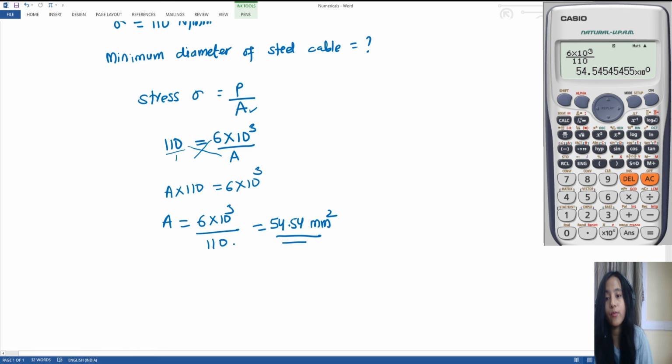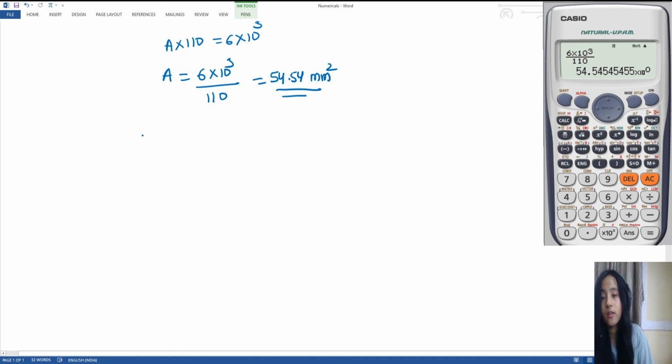Now from this area we need to find the diameter. Area of steel cable A will be equal to pi by 4 d square.